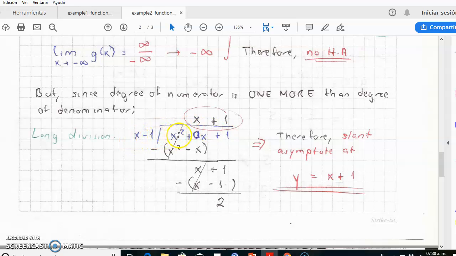So we divide. Remember, to divide, we take the first term, x squared divided by x, so we have just x. Then multiply x times x squared, x times minus 1, minus x. We subtract that, so we cancel x squared minus x squared, eliminates. 0x minus x becomes positive x.